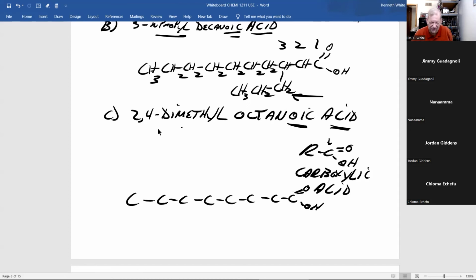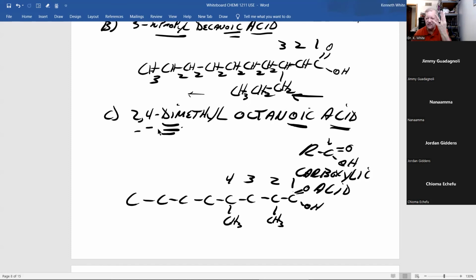I like this better. And as I go, methyl CH3, di means 2, and they're on carbons 2 and 4. The carbonyl carbon is always number 1 of a carboxylic acid, just like an aldehyde. This is 2, 3, 4. And at carbons 2 and 4, I have my good buddy and your good buddy, the methyl group. And now there are 4 bonds to carbon. Yep, 4.